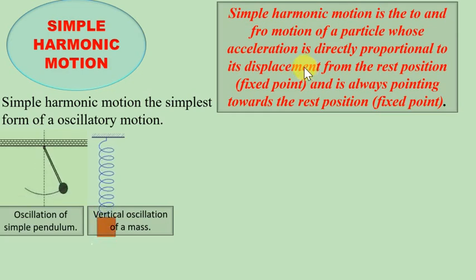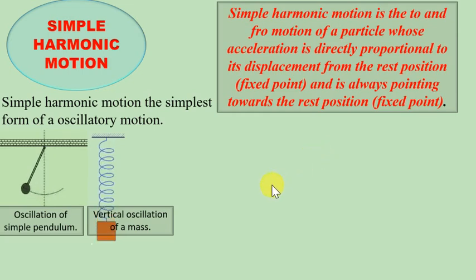Number 2, we see also that this acceleration produced is always directly proportional to the displacement. That means the greater the displacement, the higher the acceleration. So now that gives us a simple definition of a simple harmonic motion.